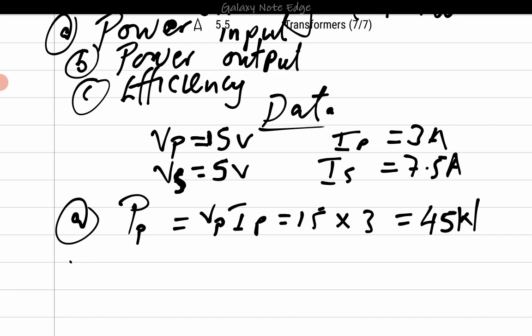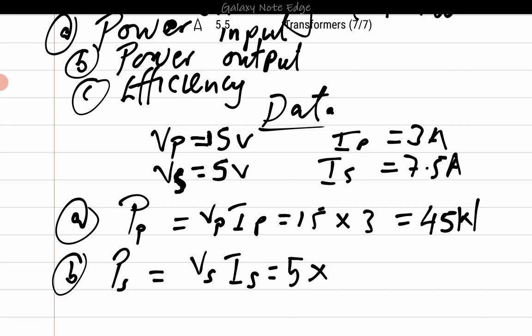Then the second question says power in the output, which is power in the secondary, giving us voltage in the secondary multiplied by current in the secondary. So this gave us 5 volts multiplied by 7.5.